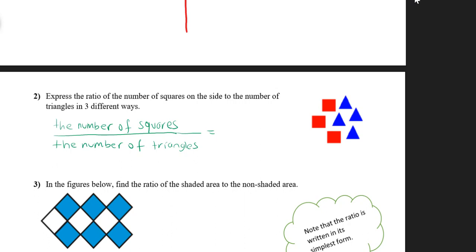There are four triangles and 1, 2, 3 squares, and 3 over 4 is the ratio. We should write this in 3 different ways. So we can write this like this, or we can write it like this.